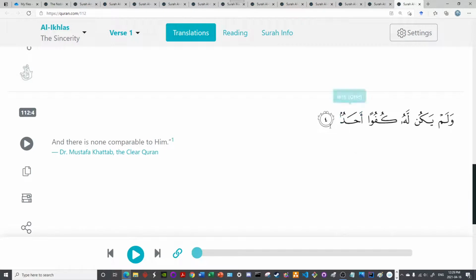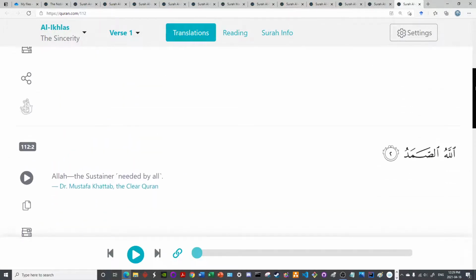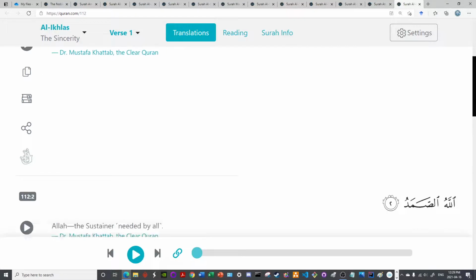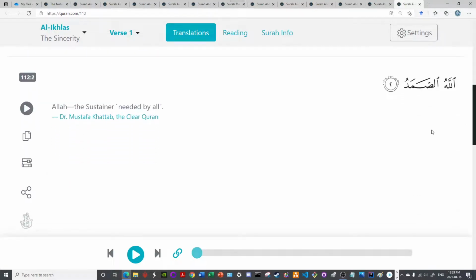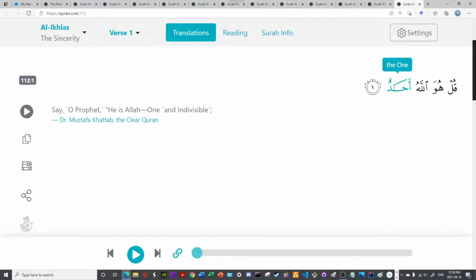In addition, the reason this chapter is small is because if you want to define God in any religion, these are the criteria. These are the criteria that must be satisfied in any religion that claims to have that one true God. Is God one in that religion?